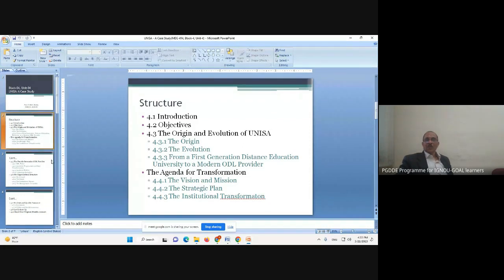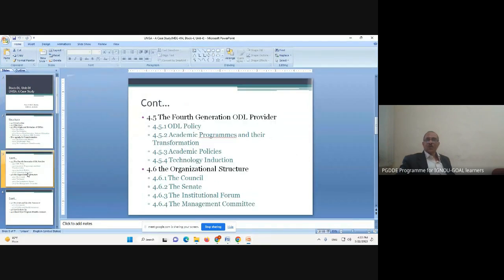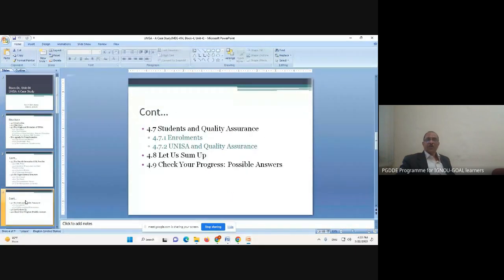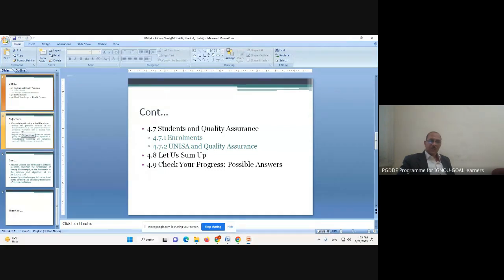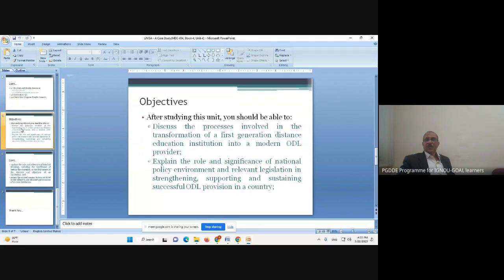From a first generation distance education university to a modern ODL provider, the agenda for transformation, what is the vision, what is the mission, and then as a fourth generation ODL provider, what type of programs they are following. I think very good student support quality. UNISA was in that sense a very good institution, with rich faculty. I think that's where the UNISA role is altogether different.